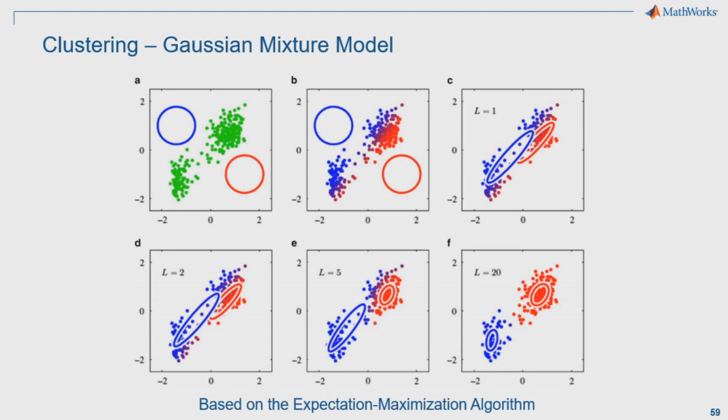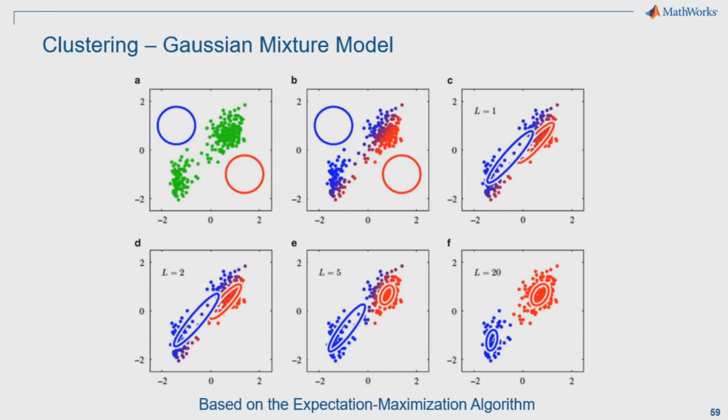So you don't compute exactly distance, you evaluate probabilities here, and then by evaluating the belongings of each point, you can update the statistical parameters of your distributions.